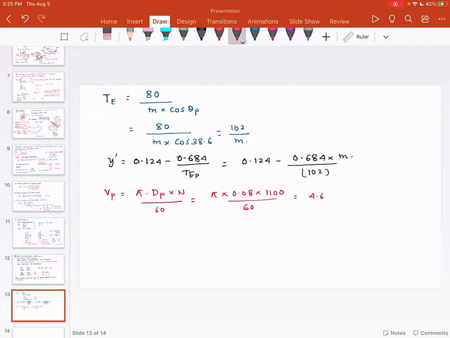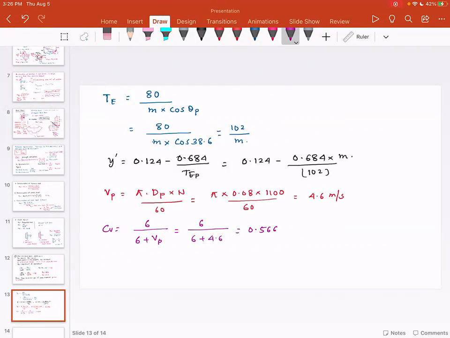That gives you 4.6 meters per second. Velocity factor is equal to 6 divided by 6 plus Vp, as given in the problem. That gives 0.566.